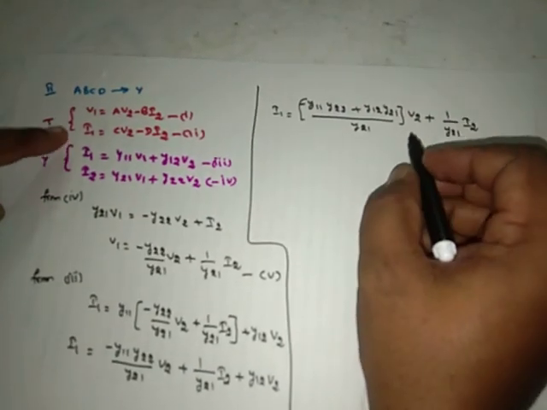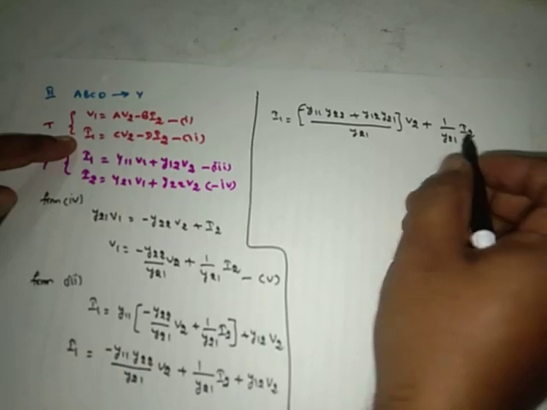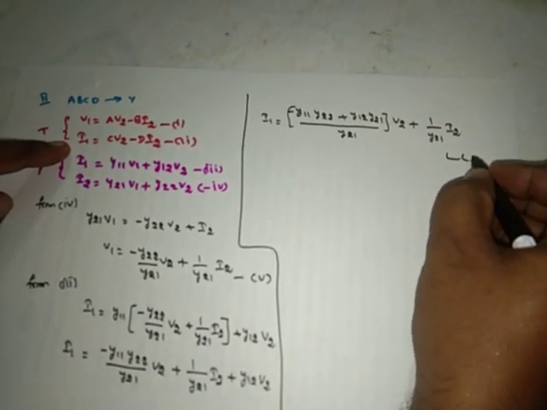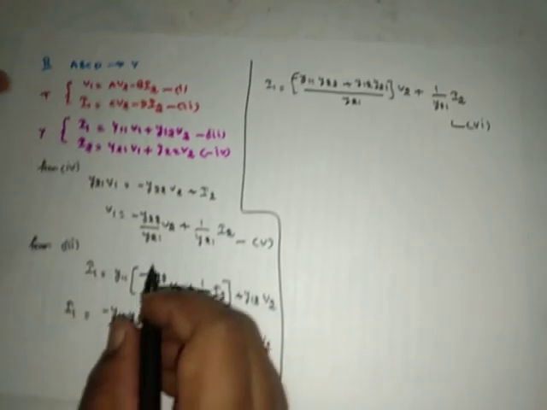So I1 is a function of V2 and I2. So this is equation 6.